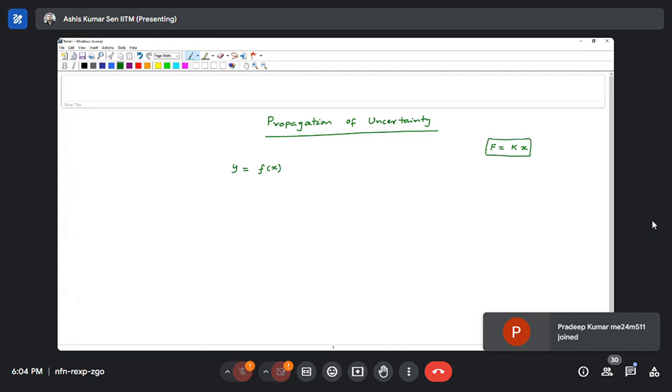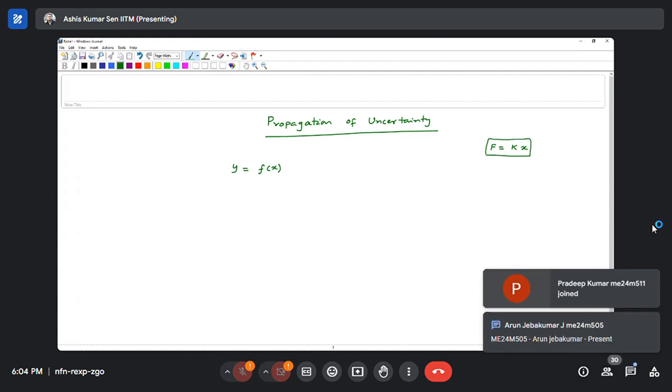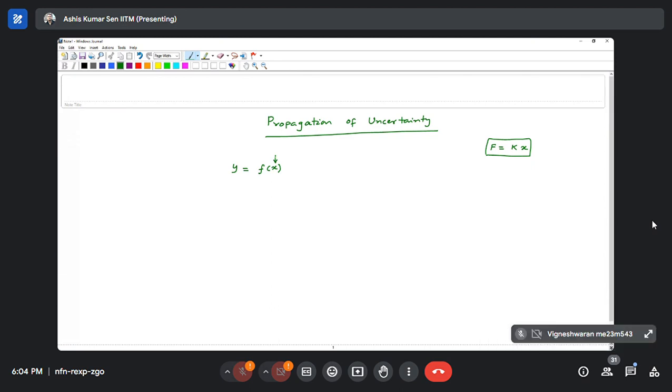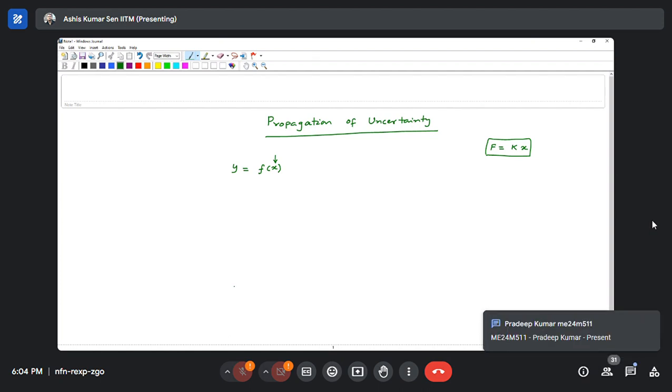This is the kind of example where y is a function of x. Now, let's say we measure x a number of times, at some operating condition, so that we establish a sample mean and also uncertainty due to the random error of this mean value.